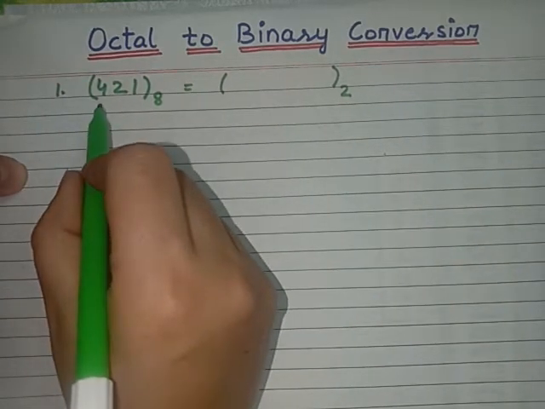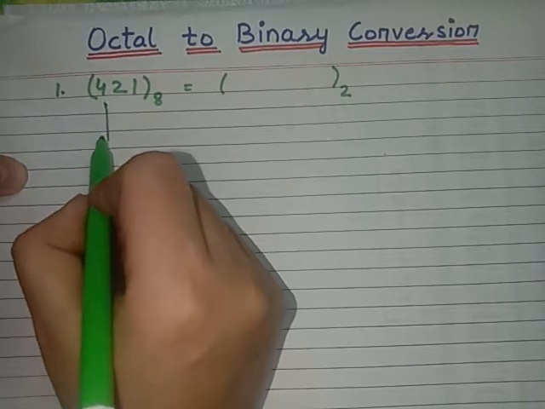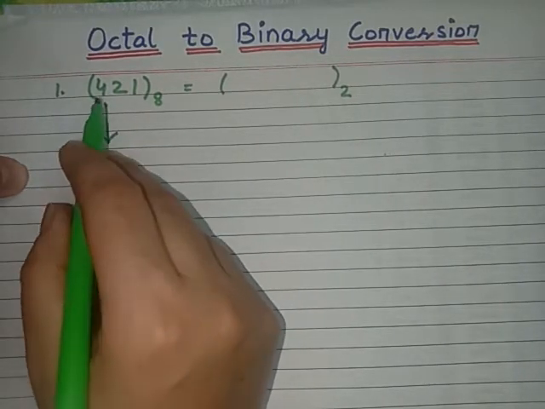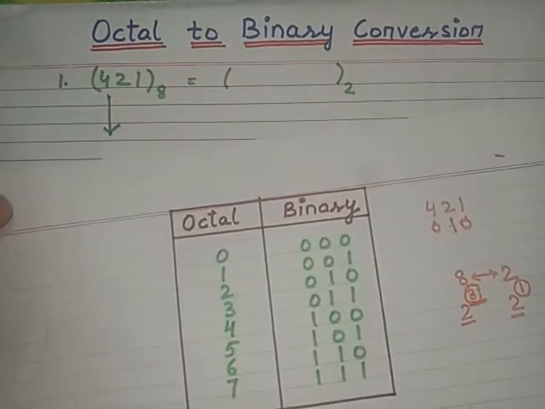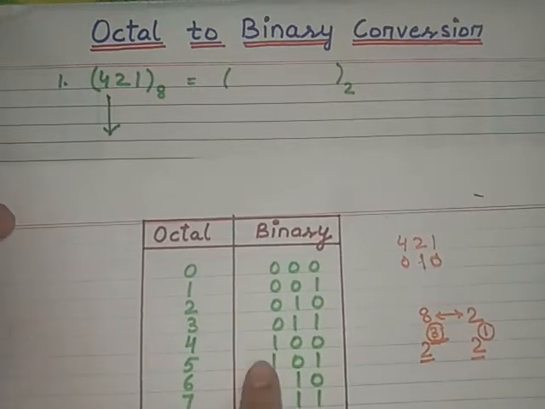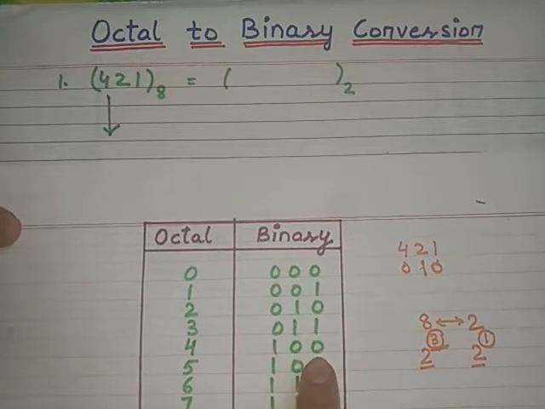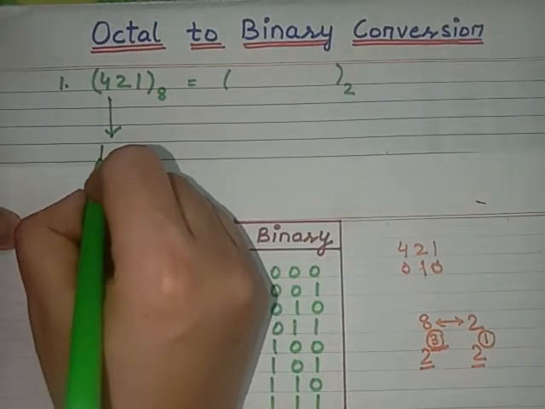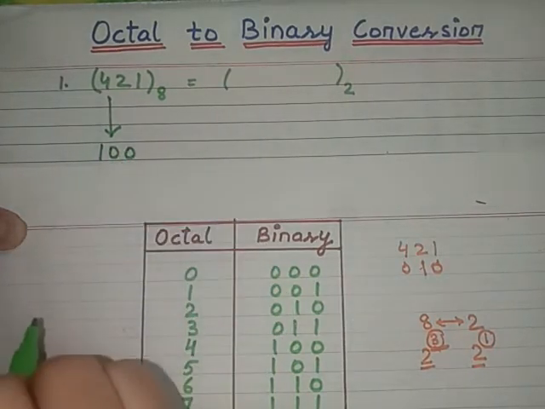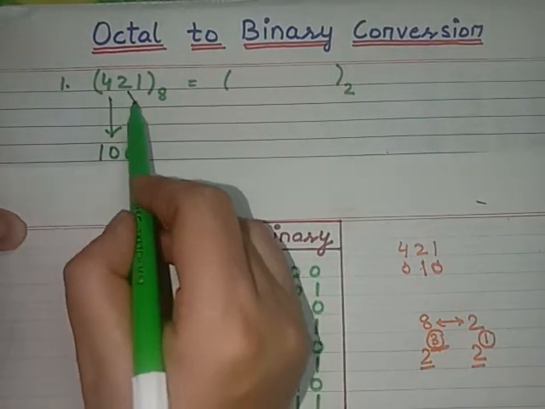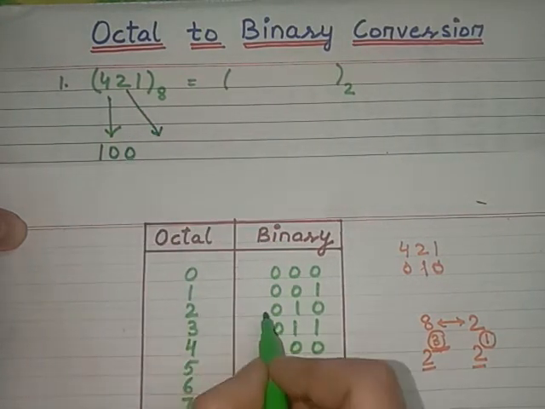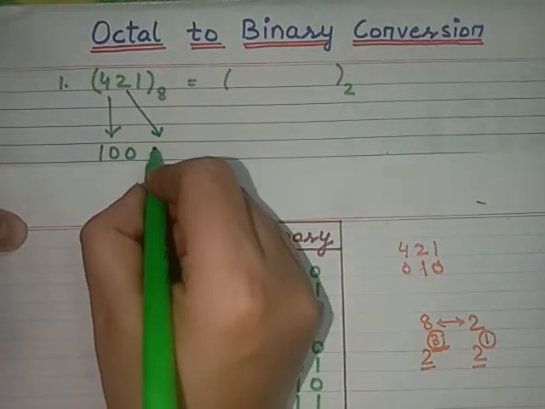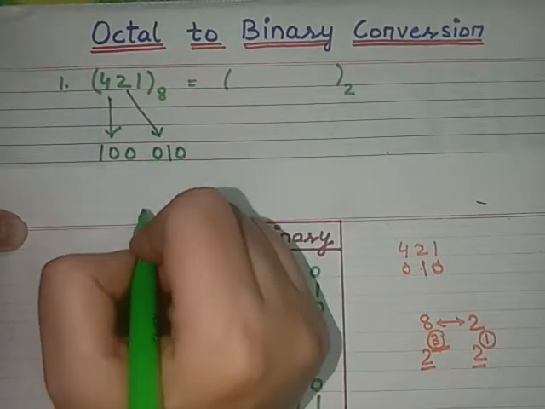So the first digit is 4. I will be writing the code of the octal number 4 in binary. I am showing you the table again. Here you can see this is the 4 and the binary number for 4 is 100. So I am going to write here 100, right? The next digit I am going to take is 2. The binary code for the octal number 2 is 010, so I will write 010.